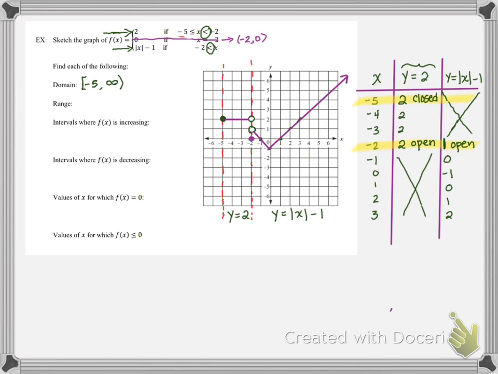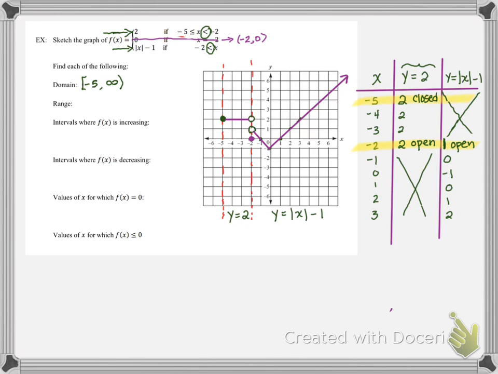Even though my graph has more than one separate piece, so it's not continuous, there aren't any horizontal gaps, right? We don't actually skip any x values. We go from negative 5 up to infinitely close to negative 2. Then we have that one single point at negative 2. And then we start up infinitely close to negative 2 again. So even though it's in pieces, we're not actually skipping any x values.